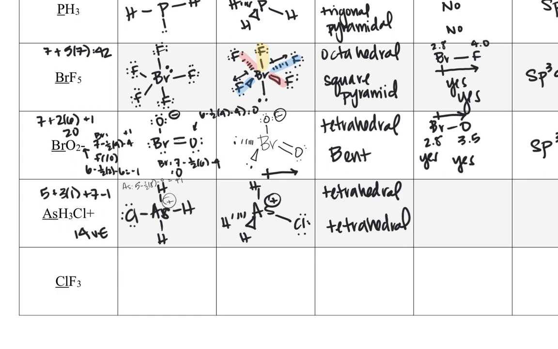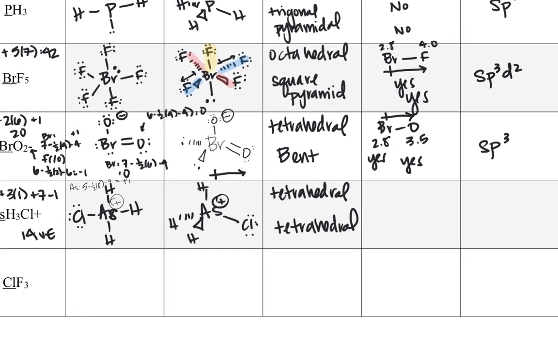So now we need to move on to the next column, polarity. So we have 2 bonds in this case. We have the arsenic-hydrogen bond and the arsenic-chlorine bond. The arsenic-hydrogen bond is 2.0 and 2.1, so this is nonpolar.